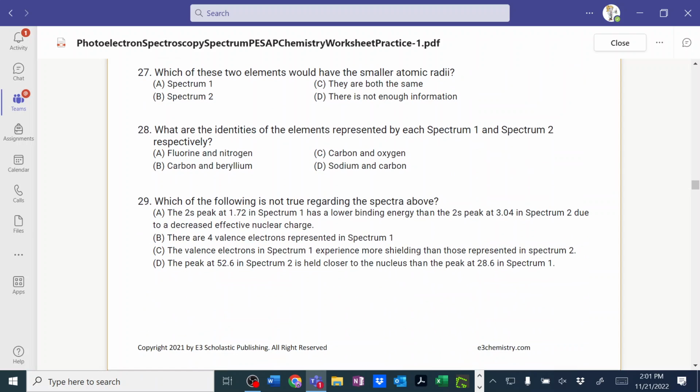Okay. It has a higher binding energy? Yeah.